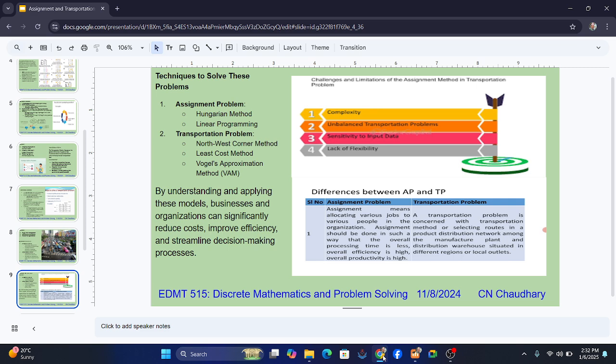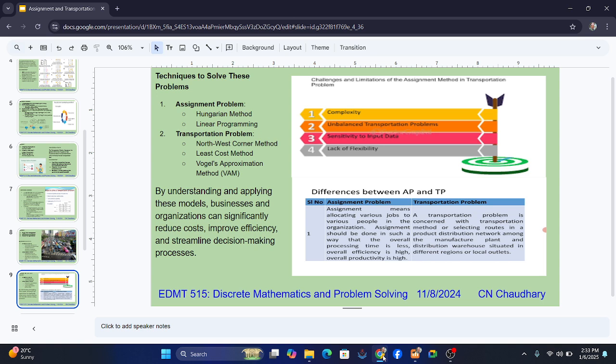By understanding and applying these models, businesses and organizations can significantly reduce cost, improve efficiency, and streamline the decision-making process. Now, here I have included the challenges and limitations of the assignment method and transportation problem.